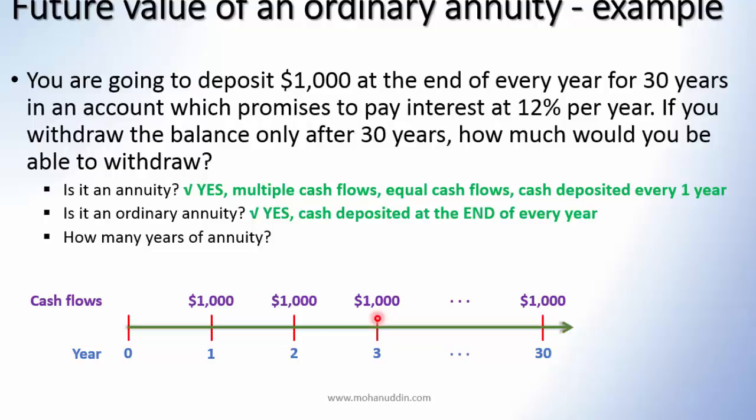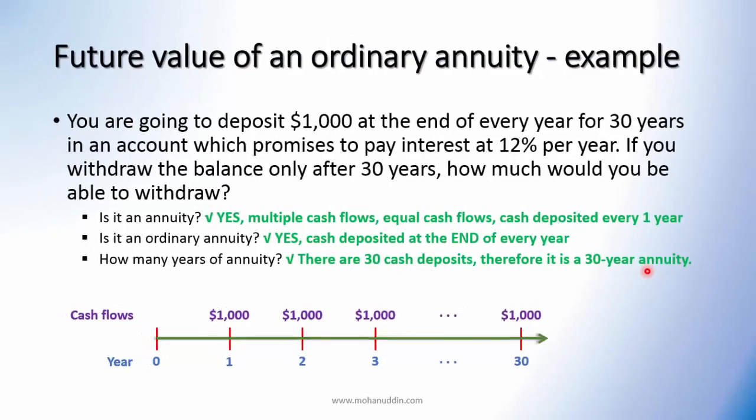To apply the formula, we need to know the value of n. The easiest way to find it is to know how many equal cash flows are deposited. You will deposit 1,000 for every year of the 30-year period, so you have 30 equal cash flows. So this is a 30-year annuity.